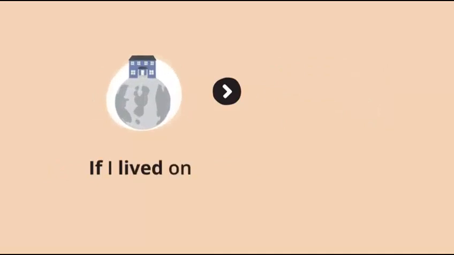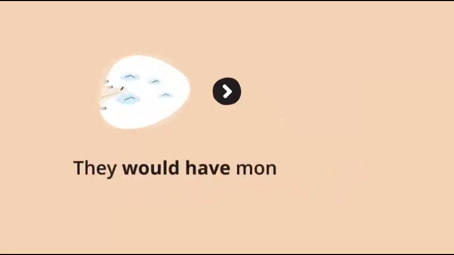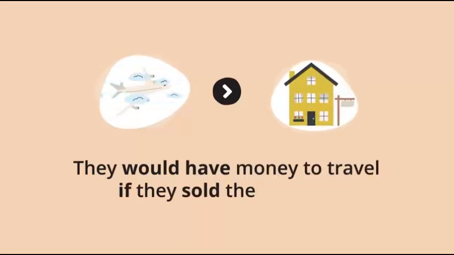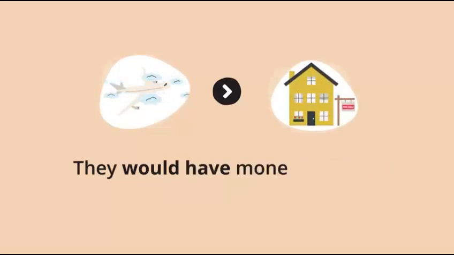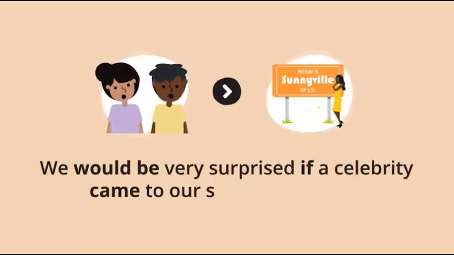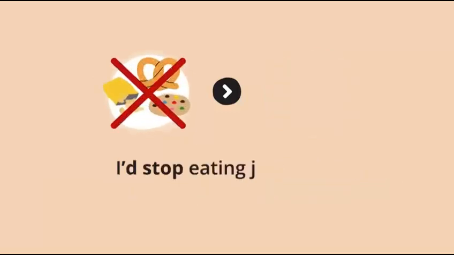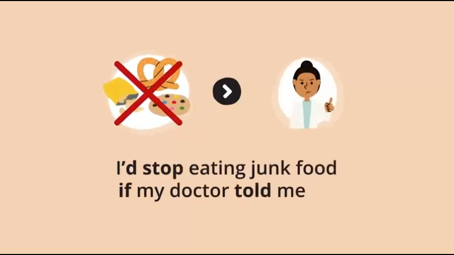If I lived on the moon, I would have a great view of Earth. They would have money to travel if they sold their house. We would be very surprised if a celebrity came to our small hometown. I'd stop eating junk food if my doctor told me to.